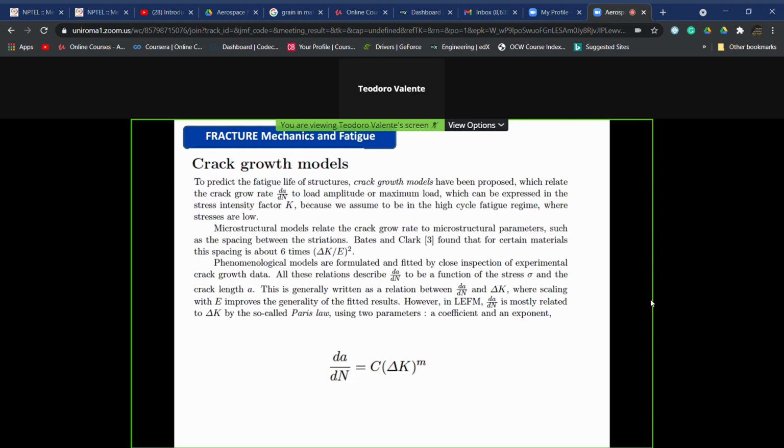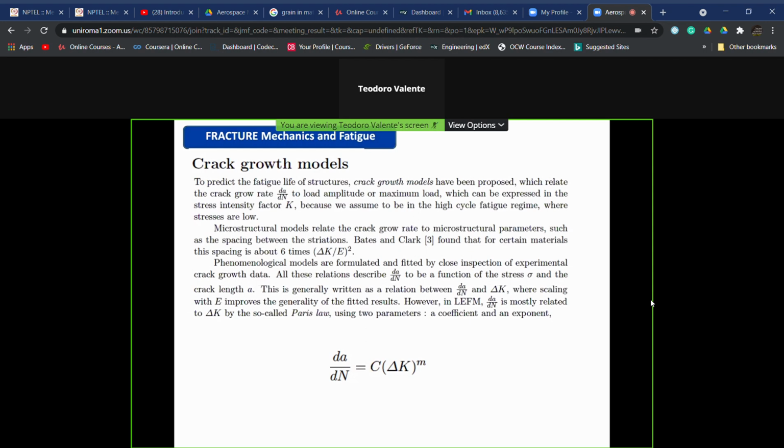Just remember, because we discussed this again in other courses, that when we apply the Paris law and use the delta K value inside this very simple formula, we need to neglect the compressive part of the fatigue cycle.